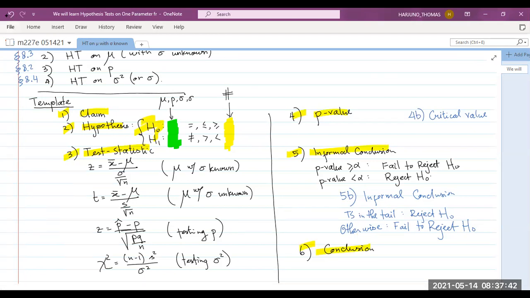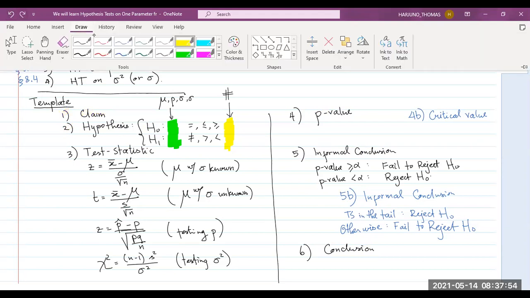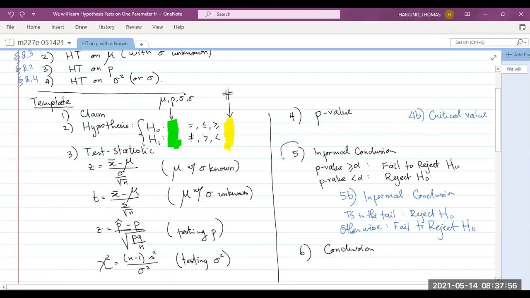If there's anything you can skip in your formal report, in my class you need to show me all these 6. Now, in a formal report, if there's anything you want to skip, the only one you can skip is this one, the informal conclusion.